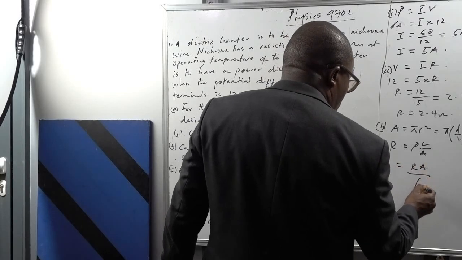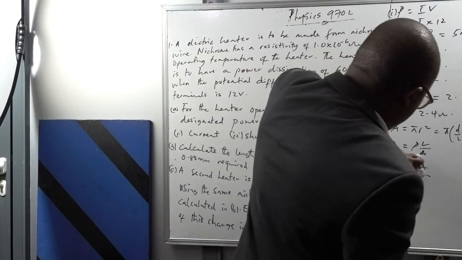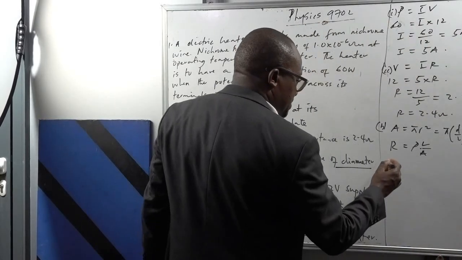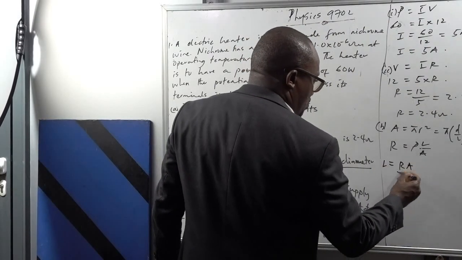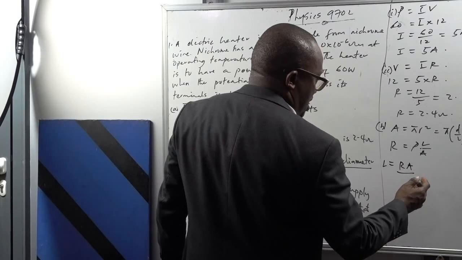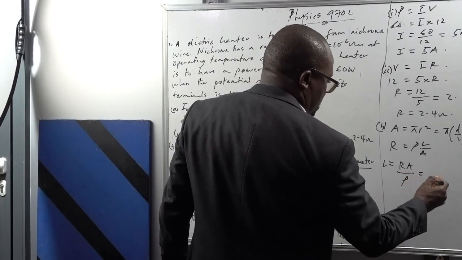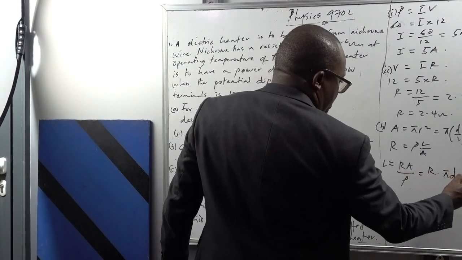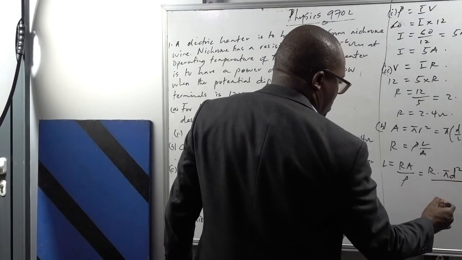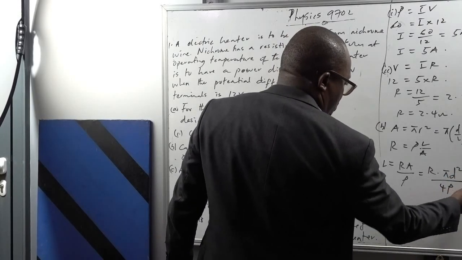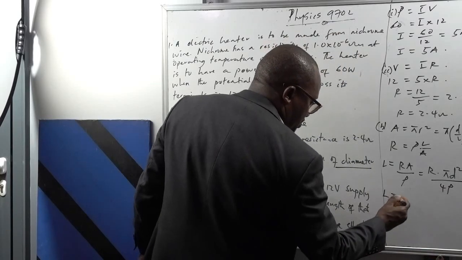RA over rho. So the length is RA over rho, which is R, what is A? Pi d squared over 4 rho.